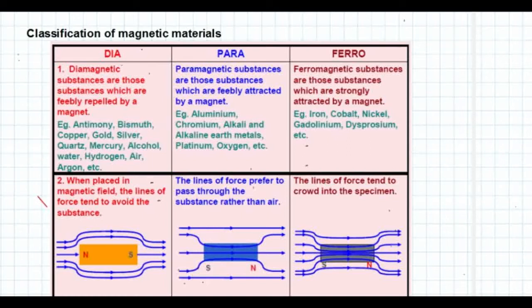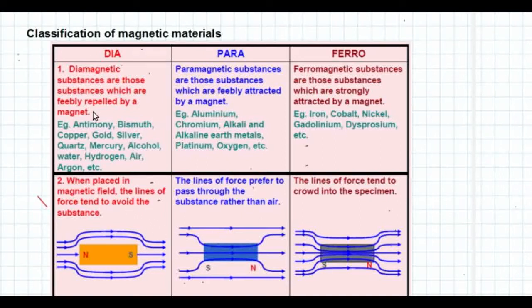So diamagnetic substances are those which are feebly repelled by a magnet. Examples are given here. Then paramagnetics are those substances which are feebly attracted by a magnet. Ferromagnetic substances are those which are strongly attracted by the external magnet or external magnetic field.